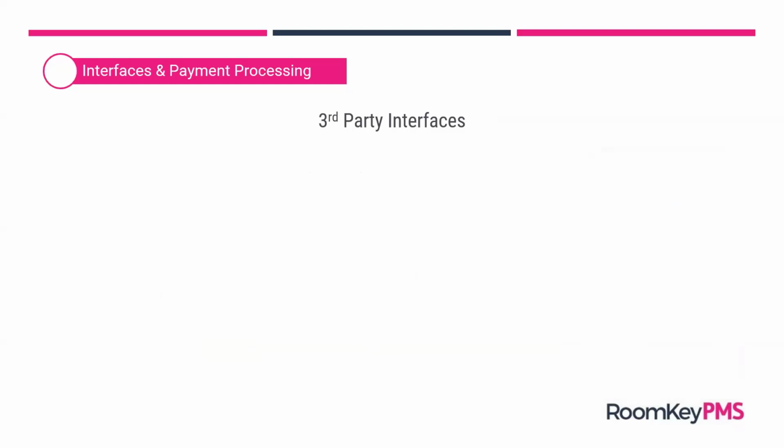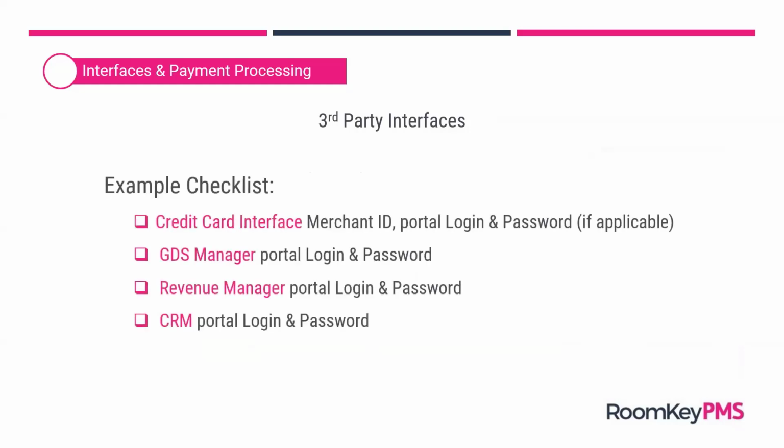Now, just a couple of things about third-party interfaces. These are those third-party vendors that are outside of the realm of RoomKey. We had a bit of a visual representation of those at the beginning of the presentation today. I do want to bring up that example checklist once again.